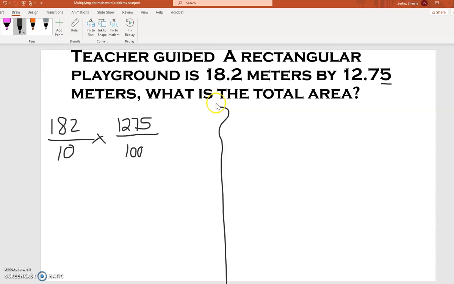Okay, the other approach is to take this problem and just jump to the multiplication. I'm going to ignore the 2 decimal place values, and so I just am going to have 1,275, again without the decimal point, and then 18.2 without the decimal.